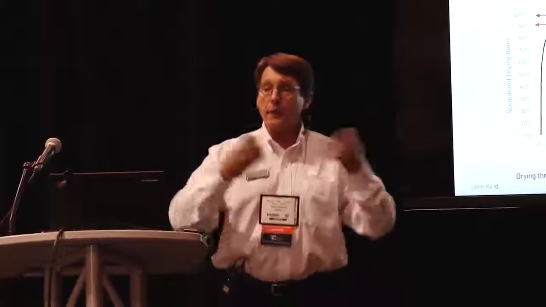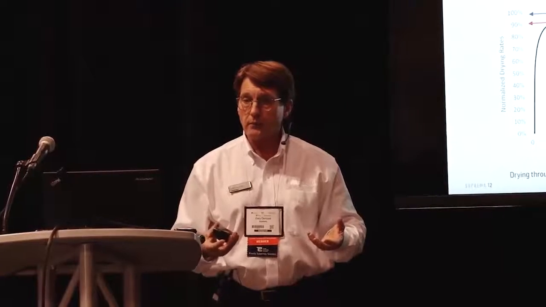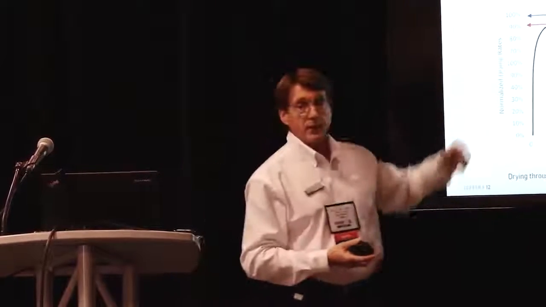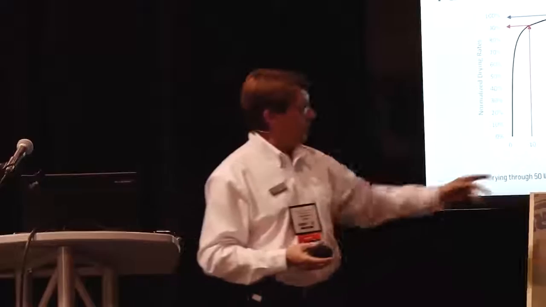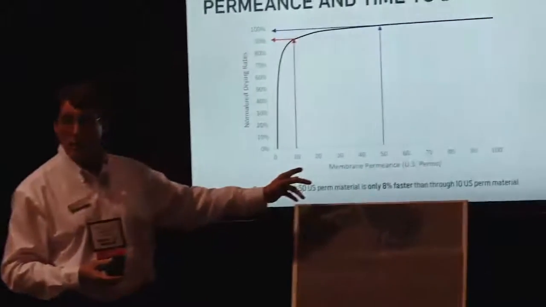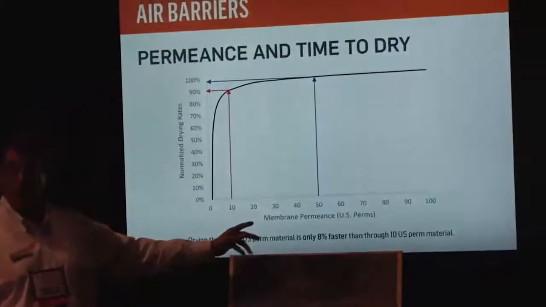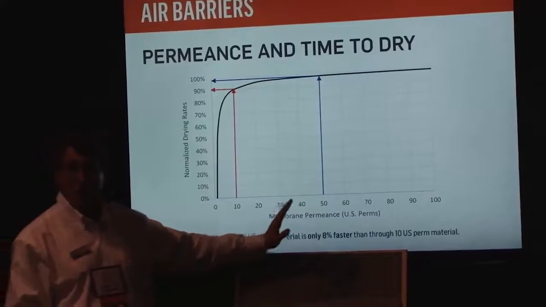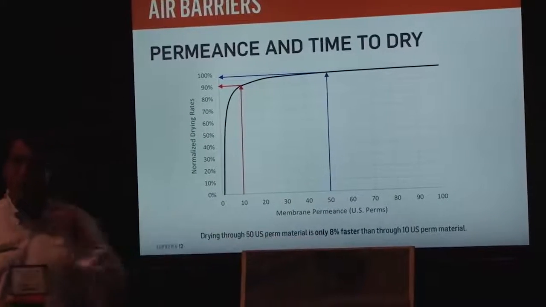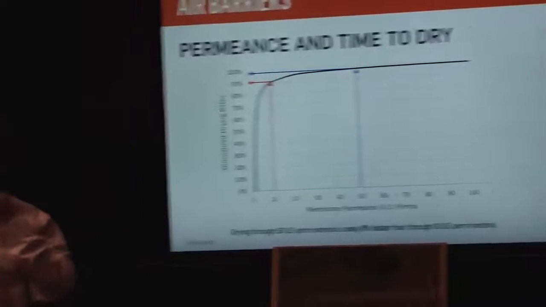So consider this block of wood wrapped in a bag. How long does it take for the moisture to escape? And what was found is 90% of the moisture can easily escape with a 10 perm product. So 10 to 20 does the job. There are materials on the market with higher permeance rates, but at the end of the day, we're seeing that only contributes to being about 8% faster than the other materials.